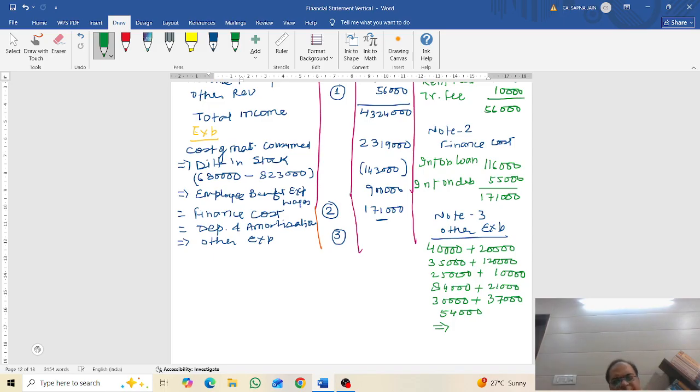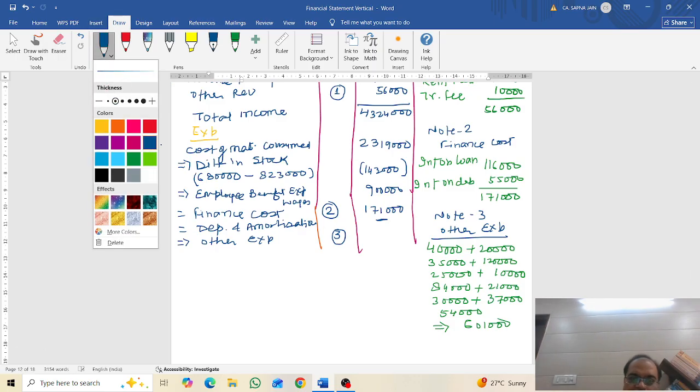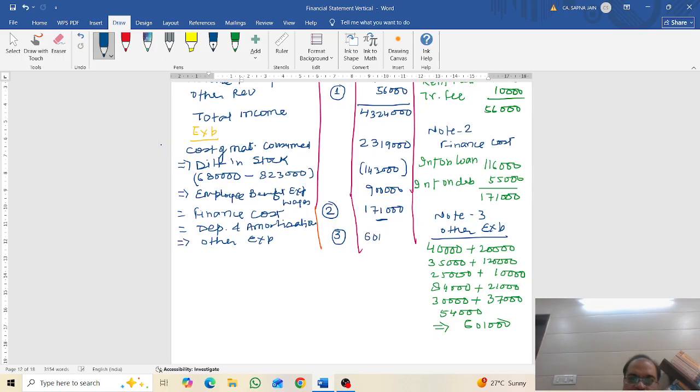All types of expenses other than the primary ones are treated as other expenses. So first prepare the working note. Add those expenses in the working note, and where do we write it? In the format of the statement of profit and loss account. So now the total expenses is 6,01,000. So write down here, this is 6,01,000.